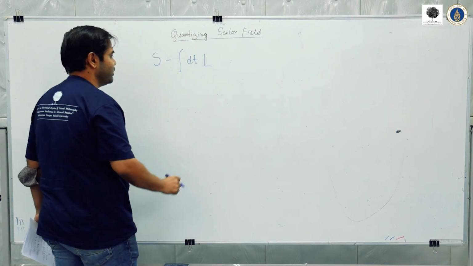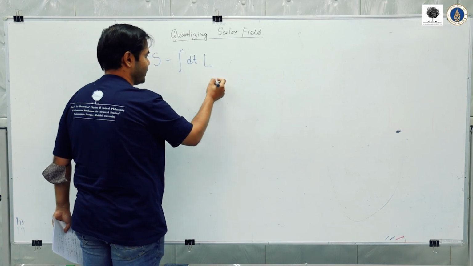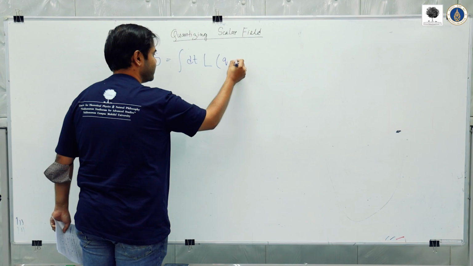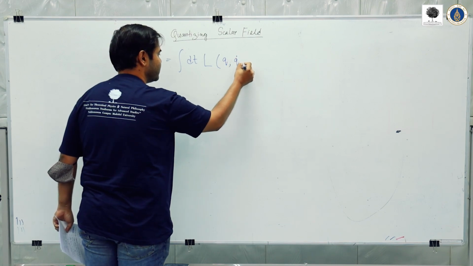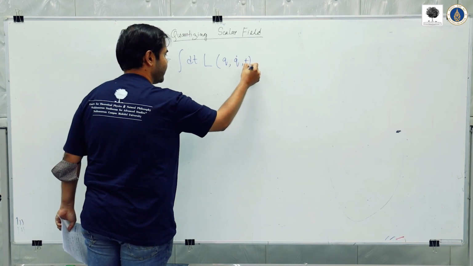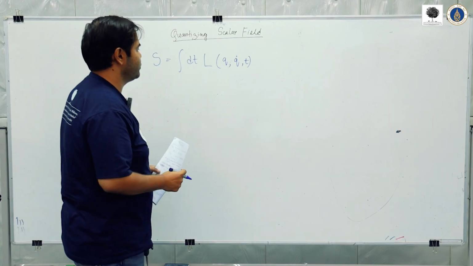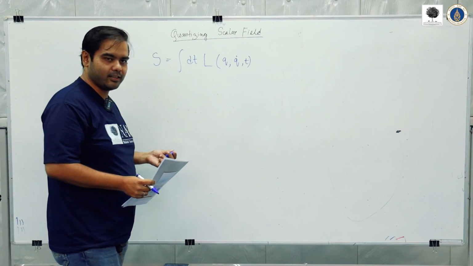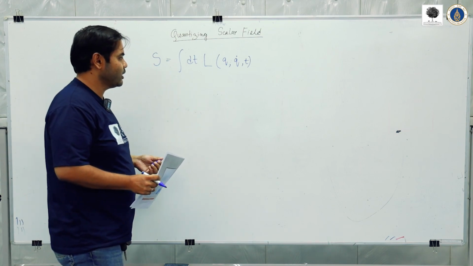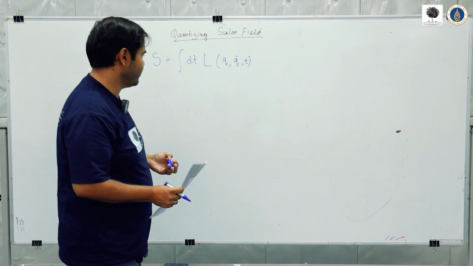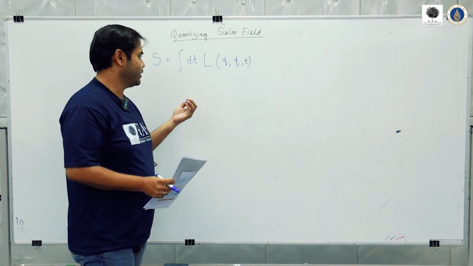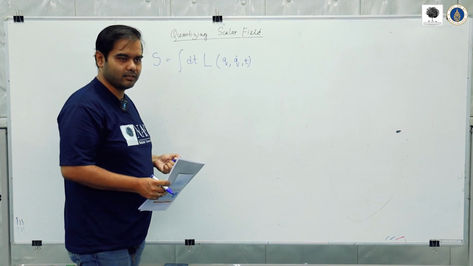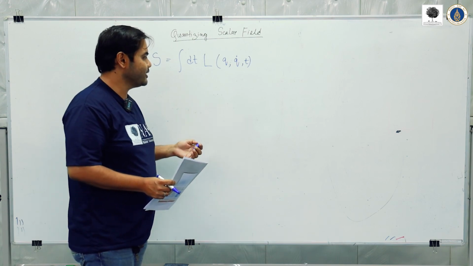It's a time integral of a function which is called the Lagrangian, and this function depends on variables q, q dot and t, where q is usually the position, but it can be the angle. So in general it is called a generalized coordinate. q dot is the time derivative of this position, the familiar velocity, and t is the time.